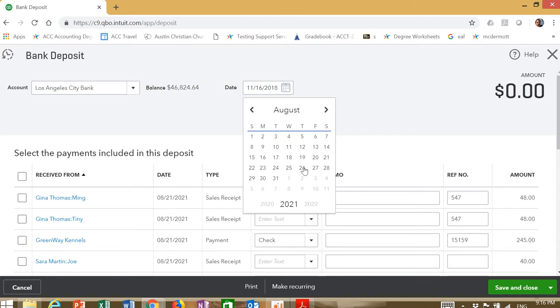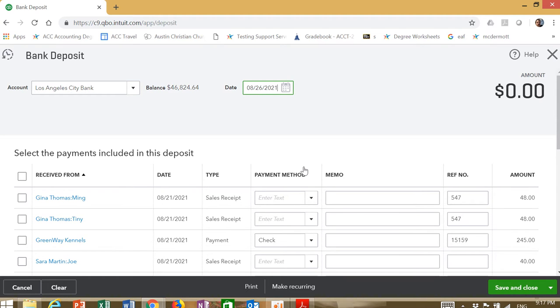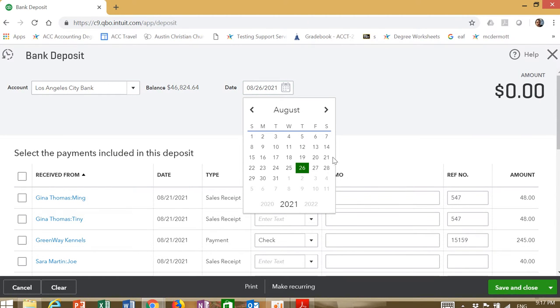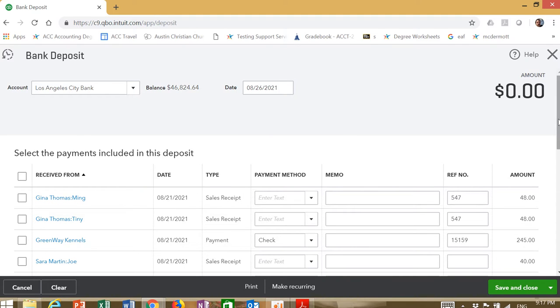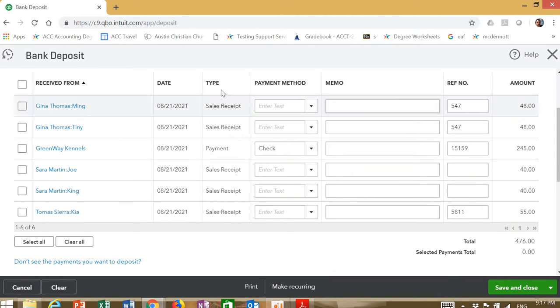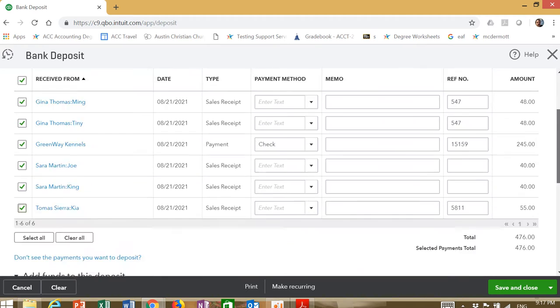So we're making the deposit on the 26th, and they're referencing Saturday, so it would be anything that was from the 21st. So we're going to click on all of these receipts from the 21st, and then hopefully that will make its magic known to the world.